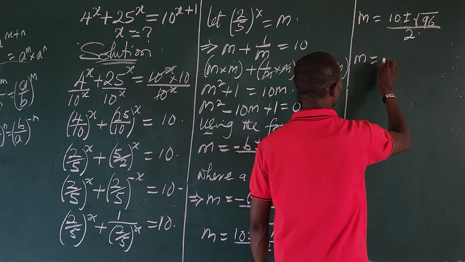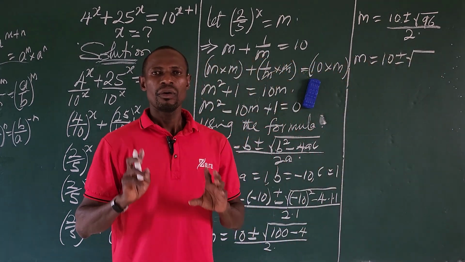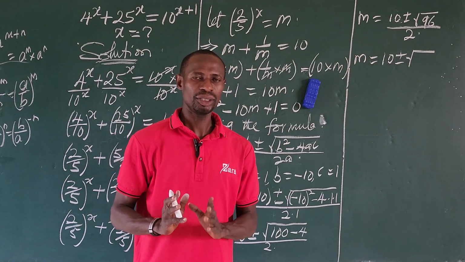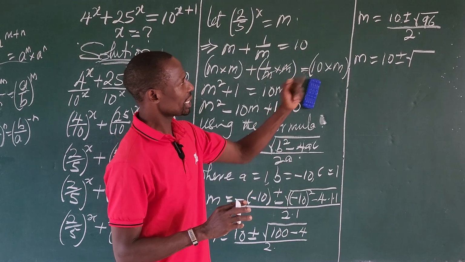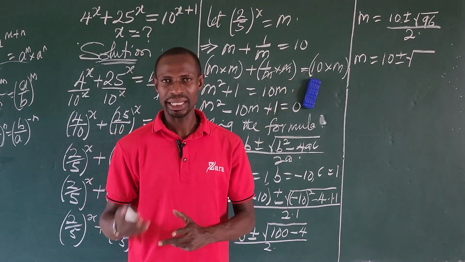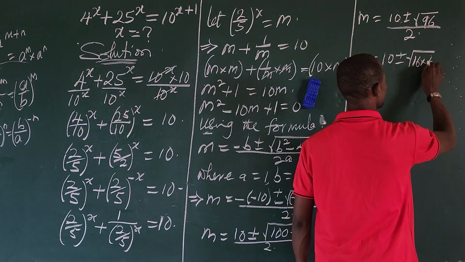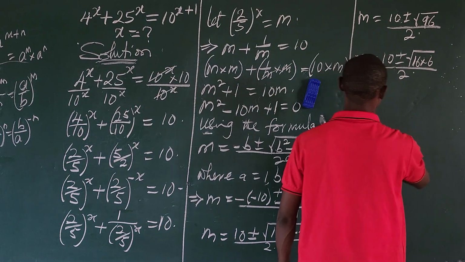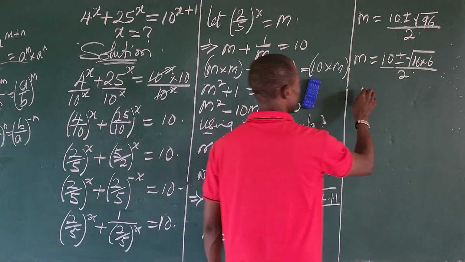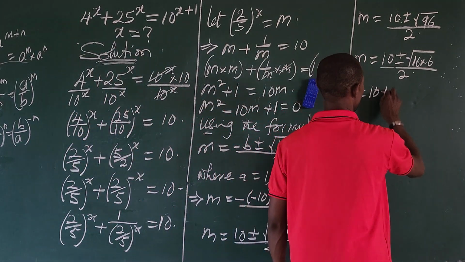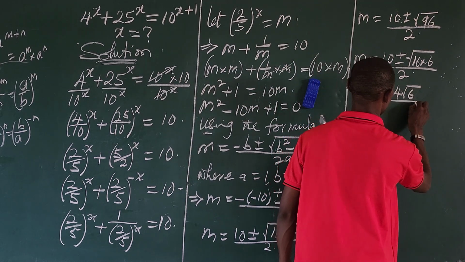So we have m will now be equal to 10 plus or minus the square root of, now we can break 96 down into a perfect square and an irrational number. And so 96 can be expressed as 16 times 6, all over 2. 16 is a perfect square, as we all know, and that will give us 4. So this will end up giving us 10 plus or minus 4 times the square root of 6 all over 2.